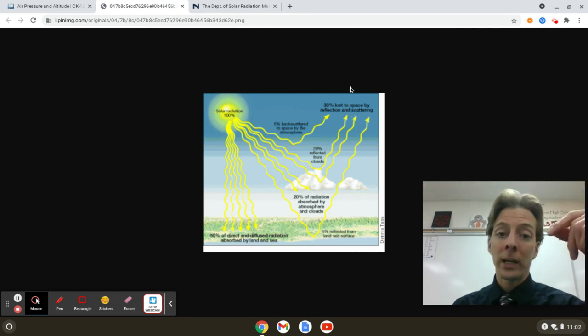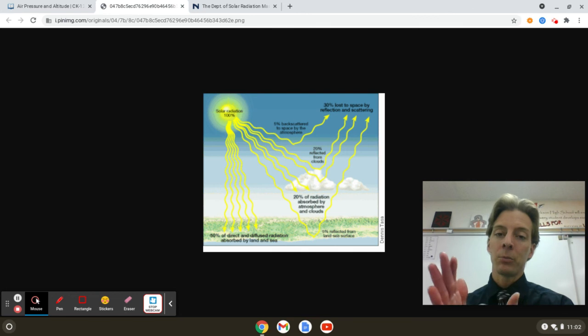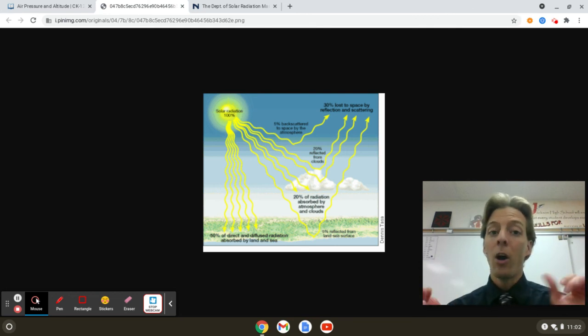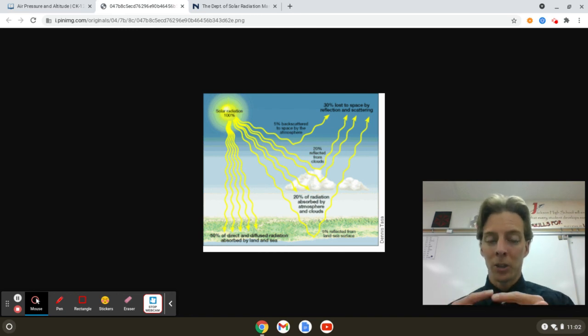There's a difference between reflection and scattering. Reflection is shining something, hits the mirror, it comes straight back. The beam in and the beam out, with sunlight in, sunlight out, are just as strong as one beam. Scattering, say you've got a water molecule or a dust molecule. The light beam comes in and hits that little molecule.